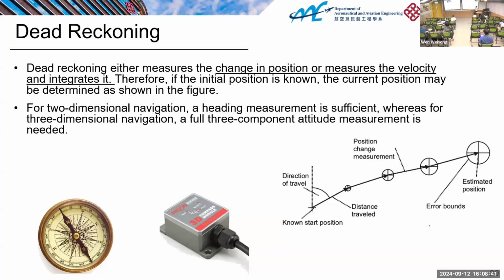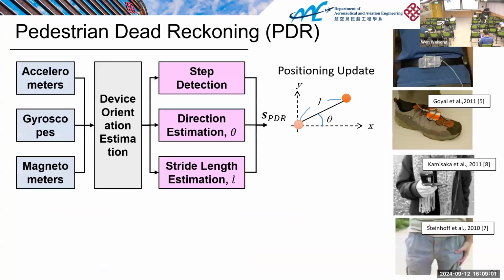Those errors will accumulate. So dead reckoning can provide the inference of your motion change, but the problem is that it will accumulate the errors. This is the general concept of dead reckoning.